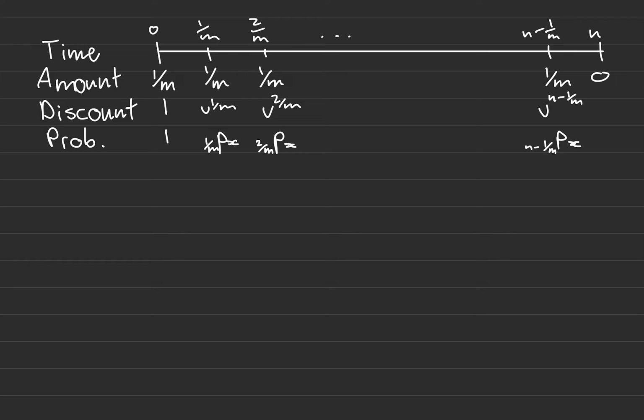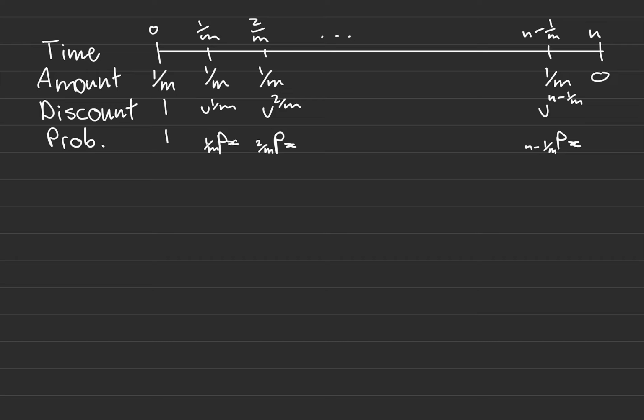Okay, now what I'm dealing with is annuities that are payable m-thly. So within a year, there's still going to be unit payments. This means that if I'm having m payments in a year, then each payment must be of size 1 over m. And the reason for this is so that my payments for that year still sum up to 1.